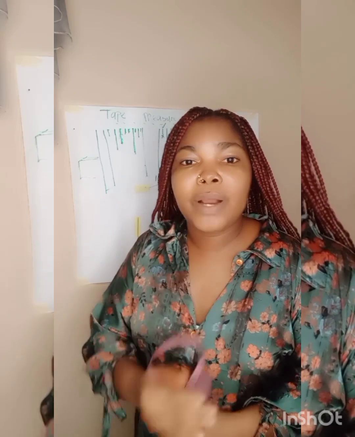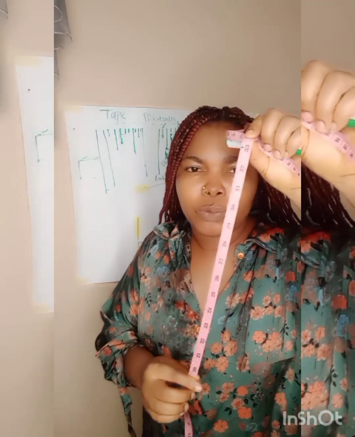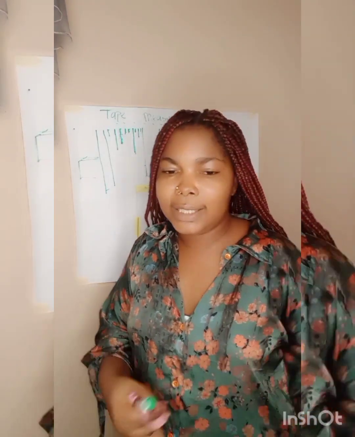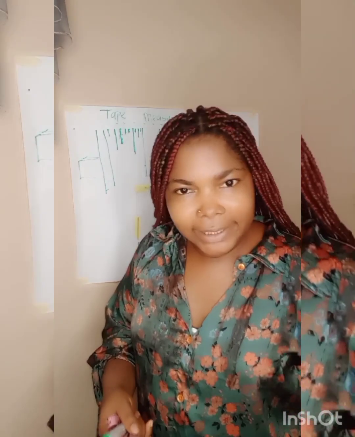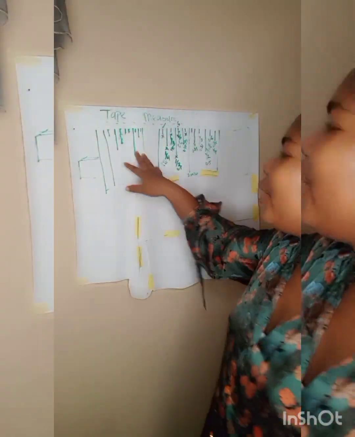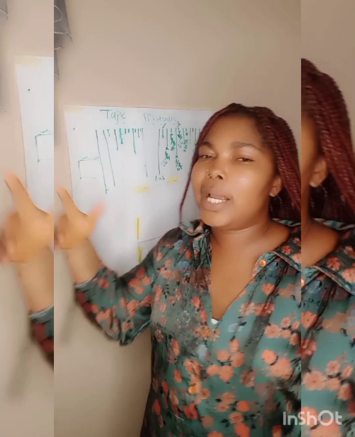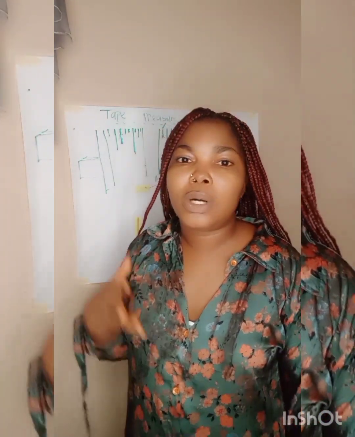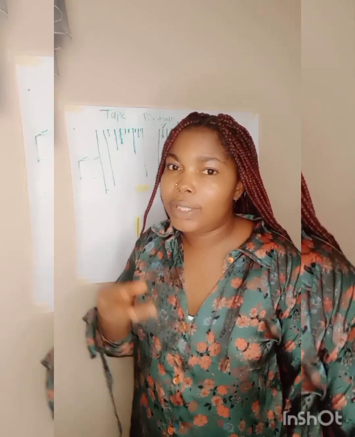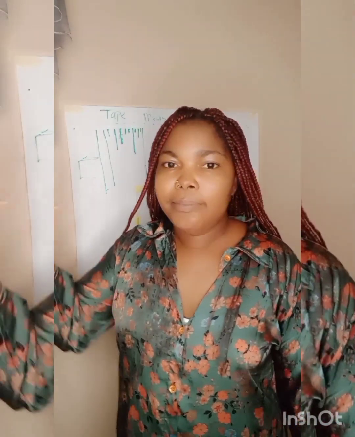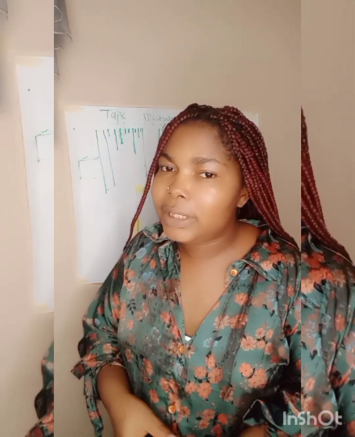That is the imperial side of the tape rule, which has to do with the length, the yards, the inches. So when you are accustomed with this, I might likely come up with a video on how to interpret your centimeter side of the tape rule, which is the metric method of interpretation of a tape rule.